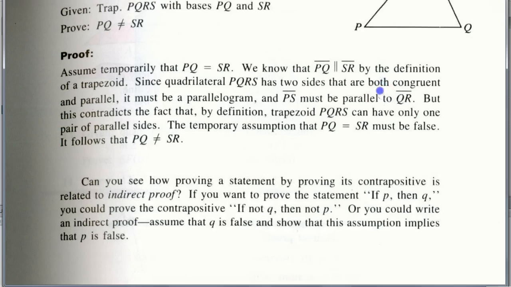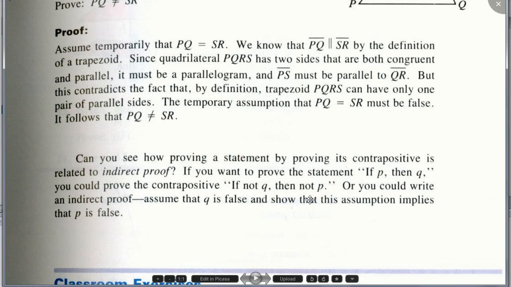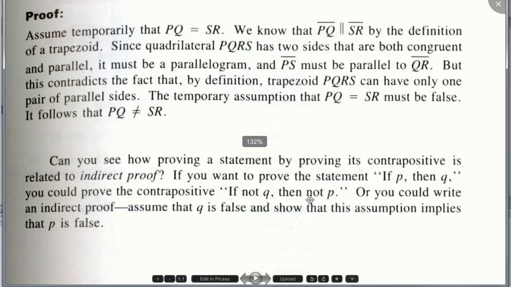So let's summarize what we just did, and this is what we were talking about in terms of the contrapositive. Who would like to read? Okay, yes, go ahead, Esther. Can you see how proving a statement's contrapositive is related to indirect proof? If you want to prove the statement if P then Q, you could prove the contrapositive, if not Q then not P. Or you could write an indirect proof.